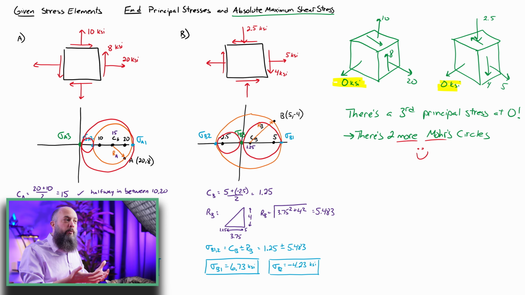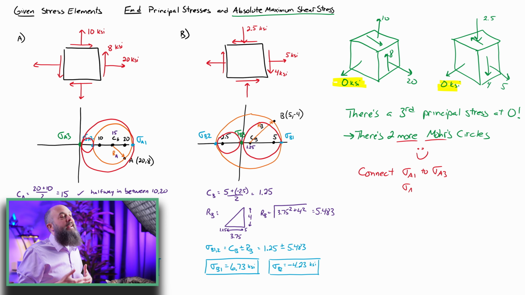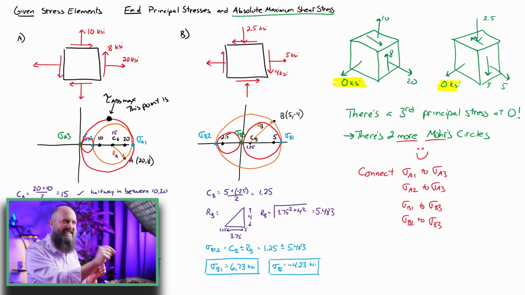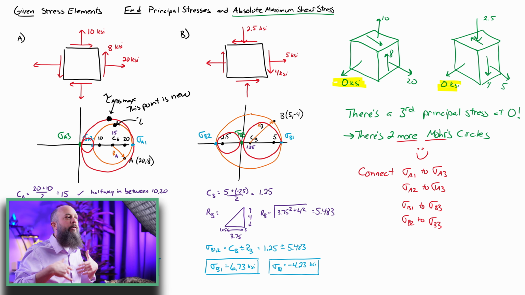With a third principal stress, and if Mohr's circle connects our principal stresses to each other, we actually have 2 more Mohr's circles we can draw, from sigma 1 to 0 and from sigma 2 to 0. So with 3 principal stresses, connecting them each to each other, you get 3 Mohr's circles.